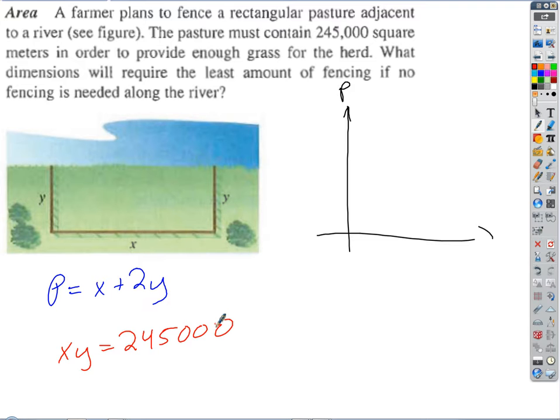How is that useful? Well, I could graph that, but I'm not really interested in graphing that because that's not the question being asked. They want us to minimize perimeter, but that still is very useful to me.